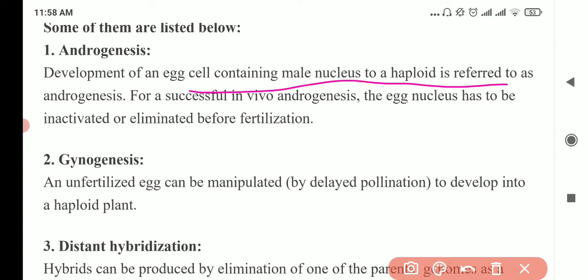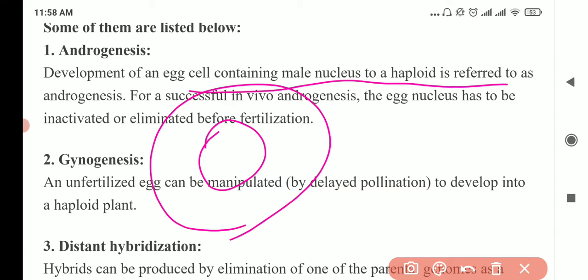It makes no sense, no? Let's say this is the egg cell and this is the egg nucleus. What you do is you remove that egg nucleus, you kill it somehow, and then you just introduce the sperm cell.